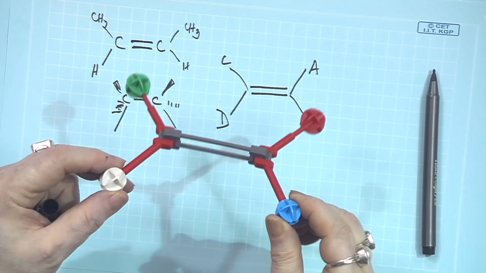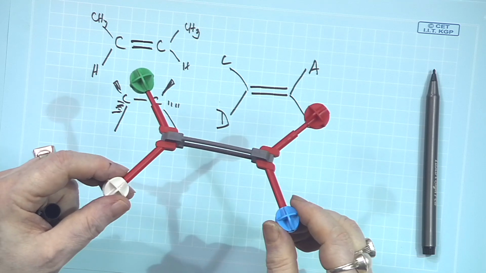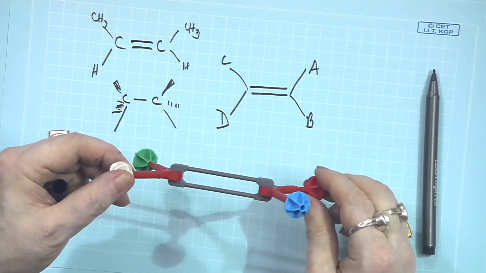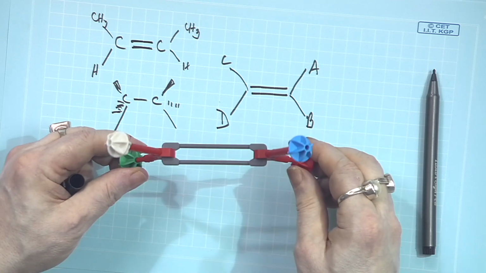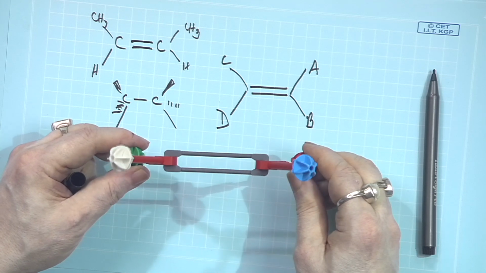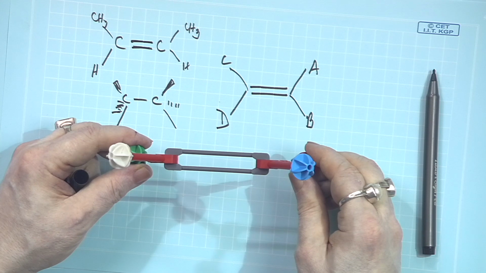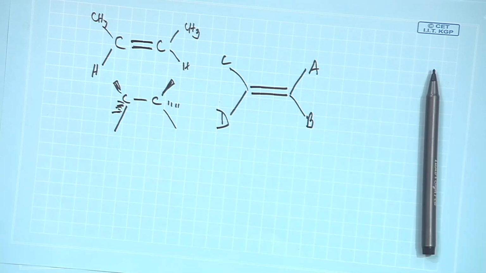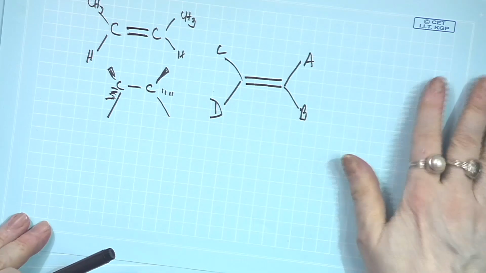So, this is an alkene with 4 different substituents, but it has a plane of symmetry. If you have a plane containing all the atoms like this, that becomes a plane of symmetry. So, keep in mind, all planar molecules are achiral.